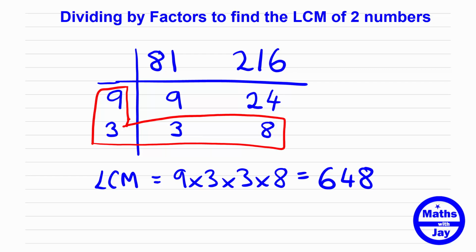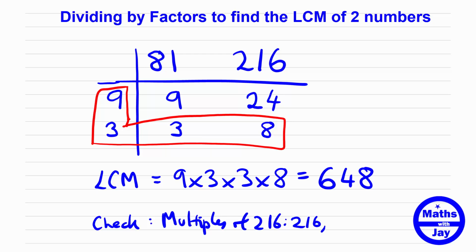If you want to check the answer, what you could do is just look at the bigger number, the 216, and write down its multiples. We want to check the multiples of 216. So the multiples of 216 are 216, and then when we double it we get 432, multiply 216 by 3 and we get 648.